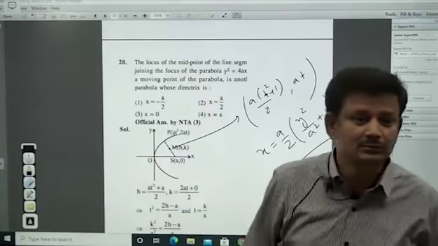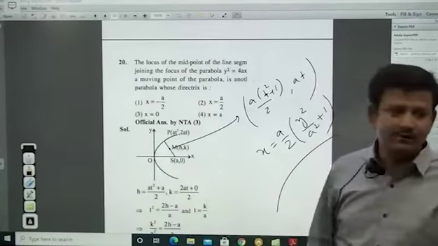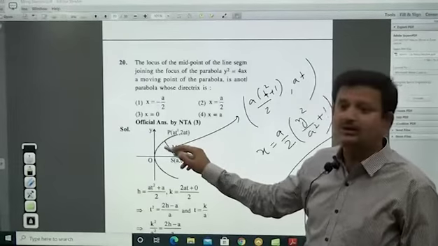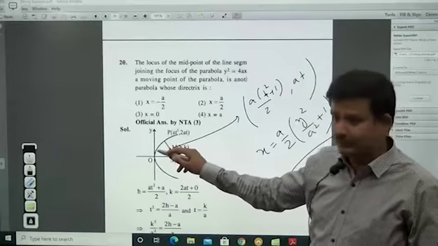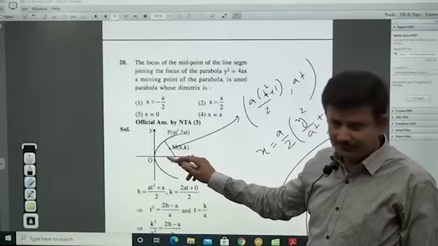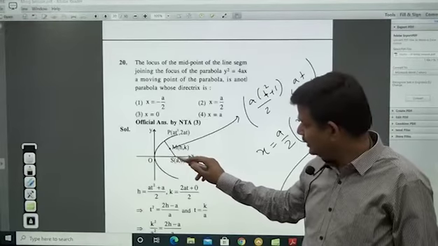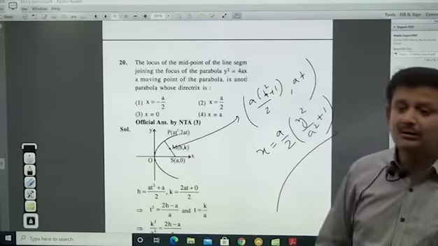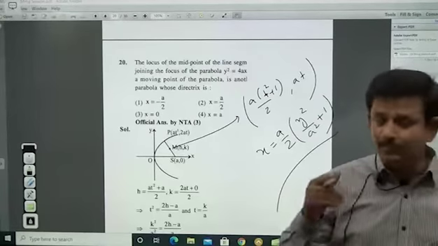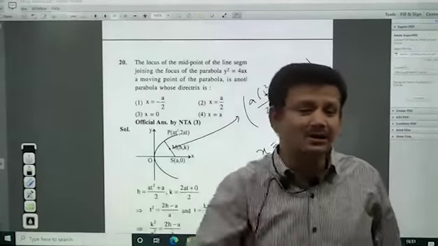Fine. Had it been H comma K question, what will you do? Midpoint of these 2 points. This is a point on the parabola. So, M H comma K is a point which is midpoint of a comma 0 and a point lying on the parabola.